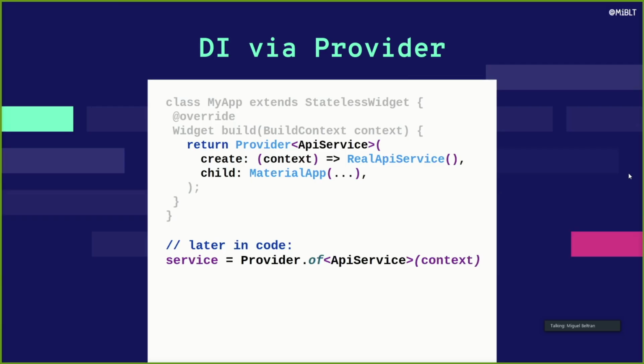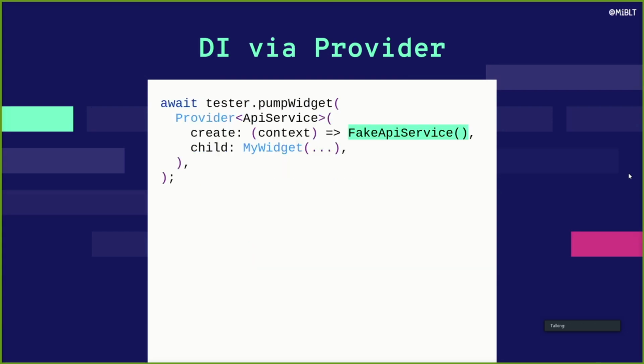In this case, I pass a real API service when I'm running the app from my app.dart file. Then, when I'm testing my widgets, I can provide a fake API service to the widget that I'm testing. So I can use provider directly in my test to provide dependencies that I can control.